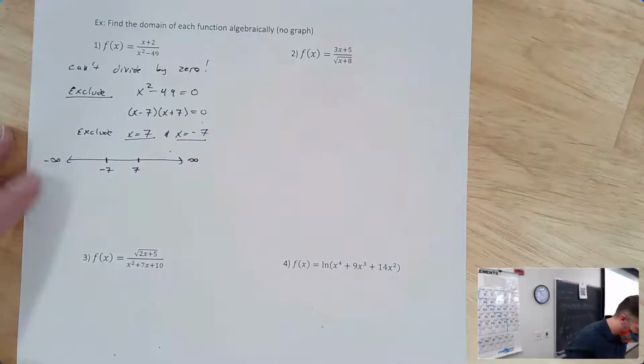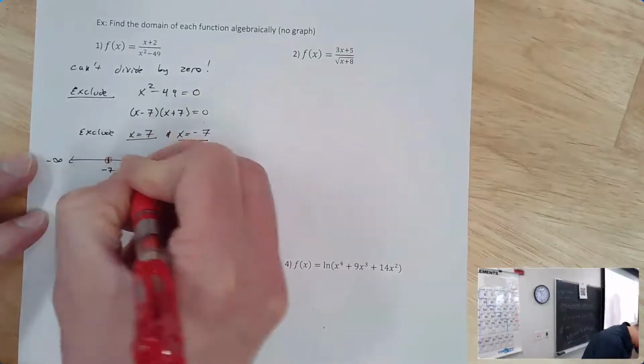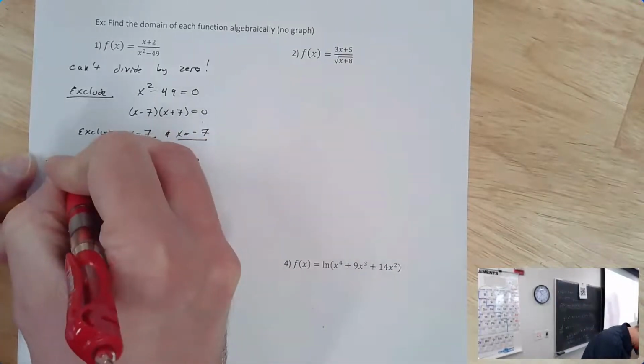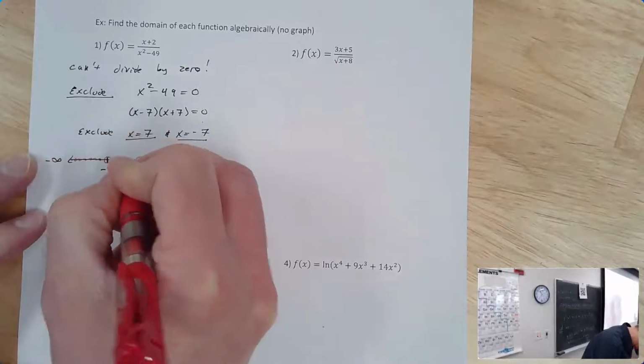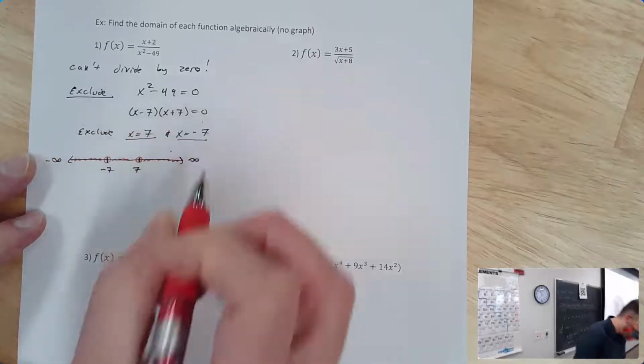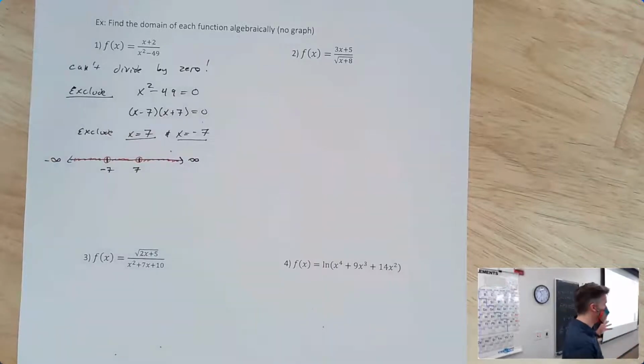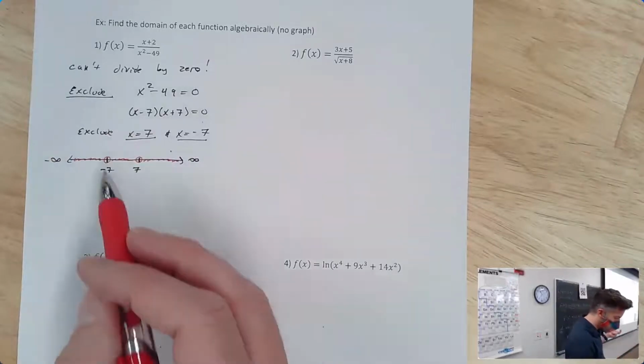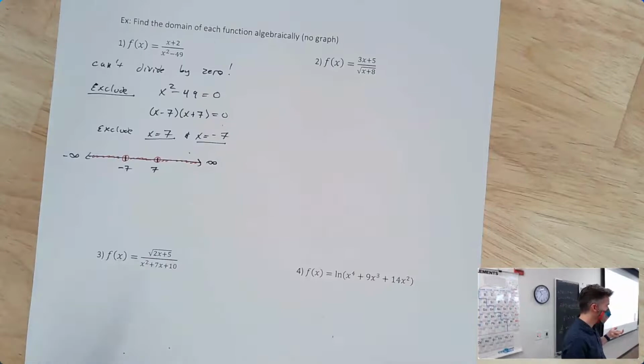I don't want -7. I don't want 7. I do want all of the rest. So notably, I'm going to have 3 separate intervals that are broken up at these 2 spots. Going from left to right, that's the way we should write it down.